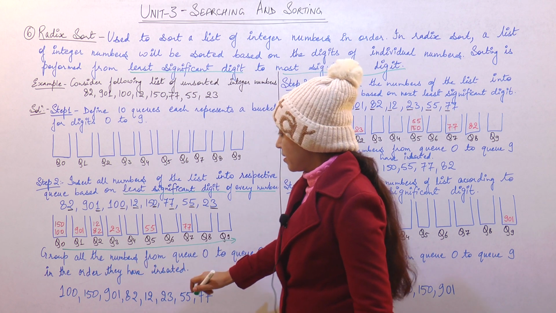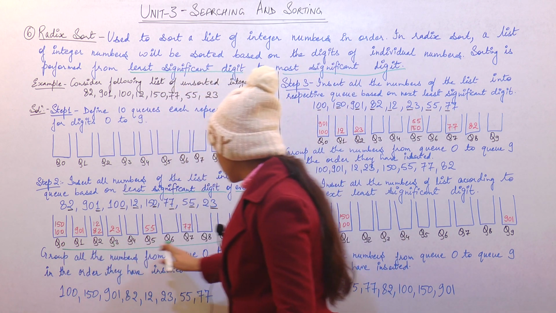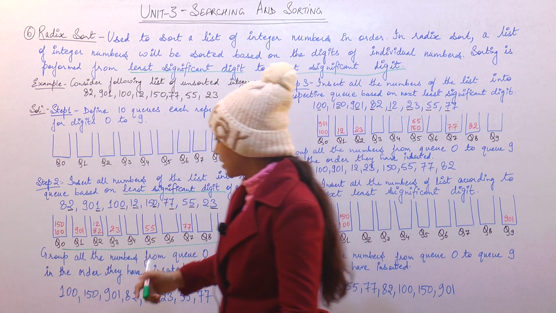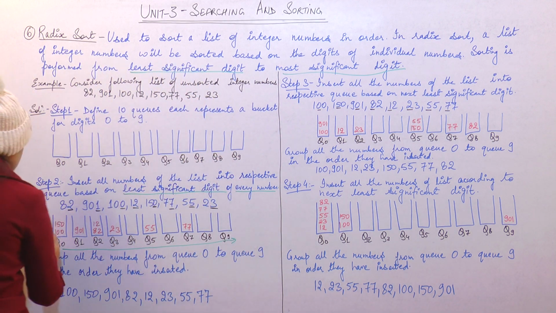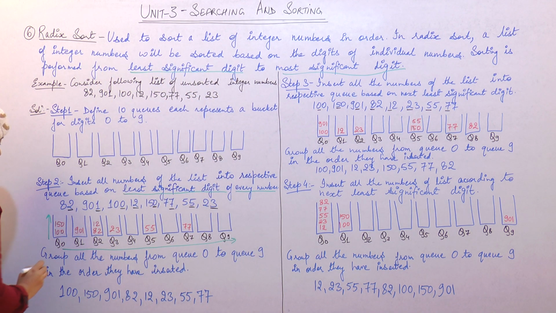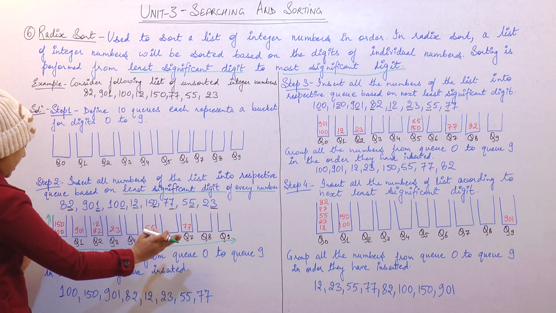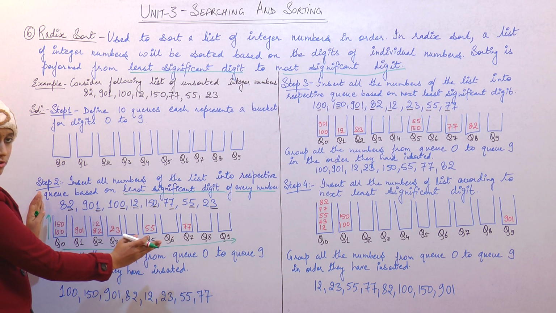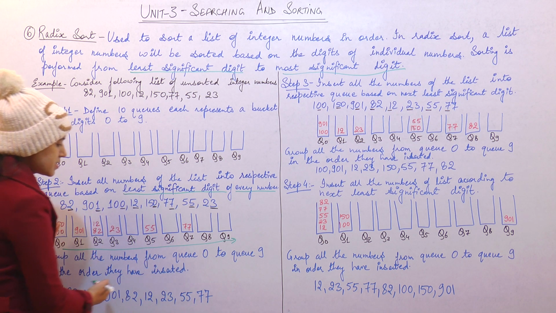So we will group from Q0 to Q9 and from top to bottom. That means first 100 will be displayed, then 150 will be displayed. So we will move from Q0 to Q9 and from bottom to top for grouping the numbers.